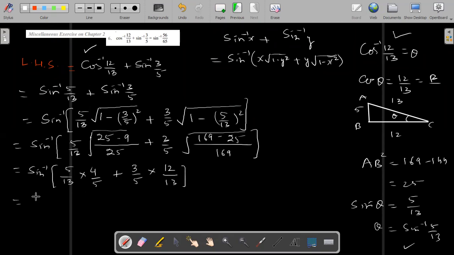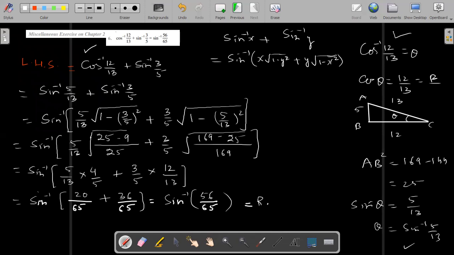Again 5 into 13 is 65, so we can write sine inverse, 5 into 4 is 20 upon 65 plus 12 into 3 is 36 upon 65. Then it will become sine inverse 20 plus 36, 56 upon 65, that is equal to right hand side. Right. So hence true.